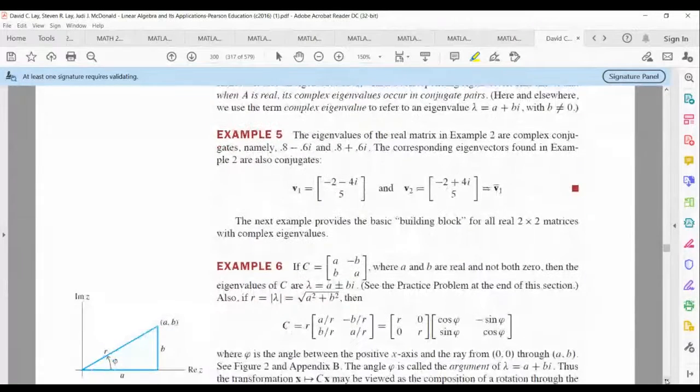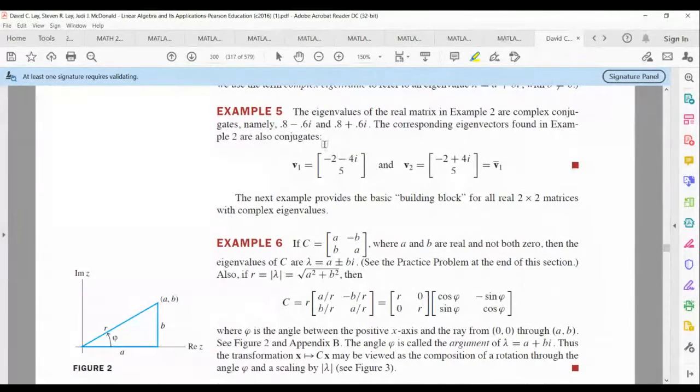So in example 5, the matrix in example 2 yielded these complex eigenvalues, 0.8 plus or minus 0.6i, and these complex eigenvectors. The next example provides the basic building block for all real 2 by 2 matrices that have complex eigenvalues.